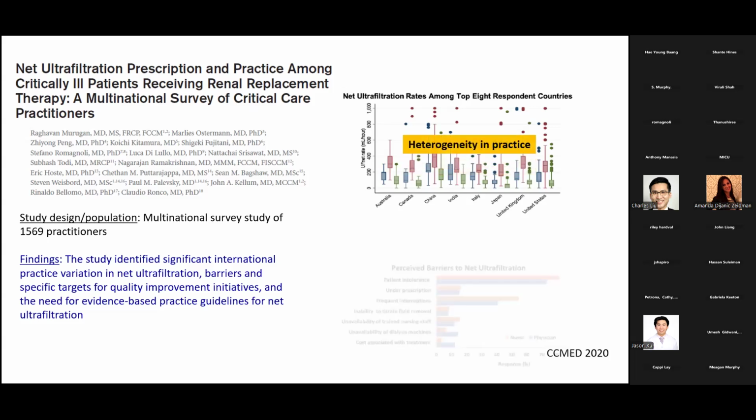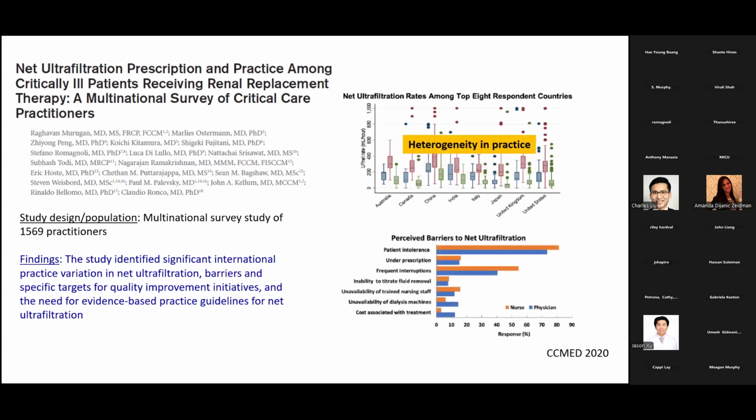And importantly, when you ask about perceived barriers to fluid management with renal replacement therapy, the most common answer was patient intolerance, which we of course understand because there are patients in whom we have difficulties removing fluids. The second most common barrier was frequent interruptions in the treatment.